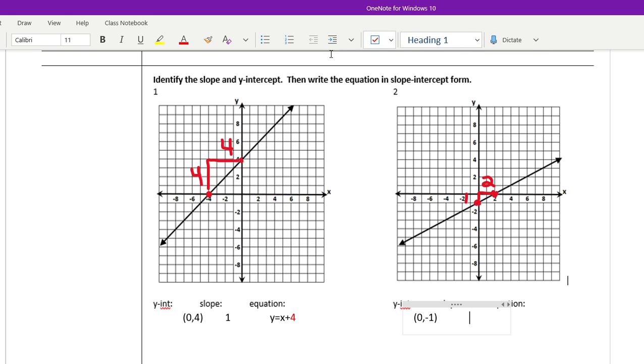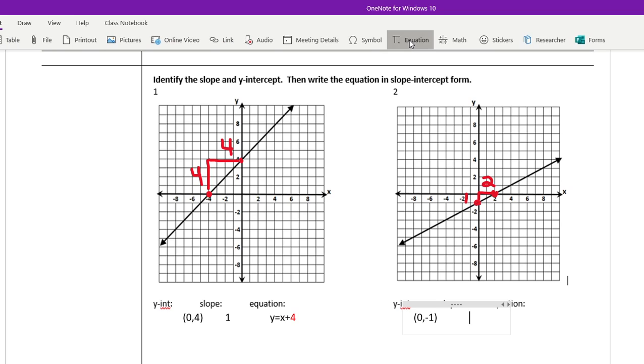So we have a positive half, or in this case, 1 over 2. For our equation, we still have y equals.